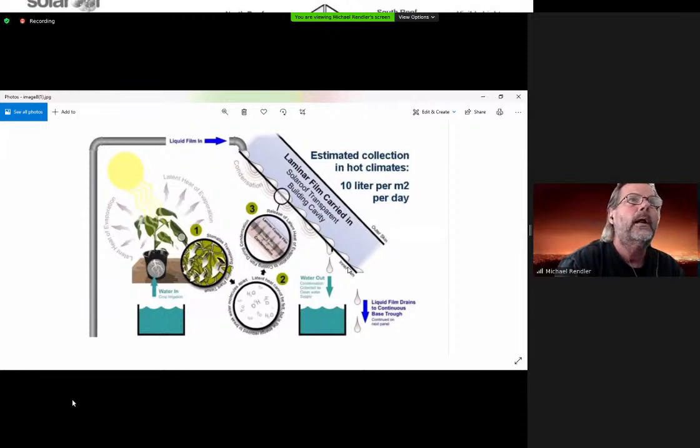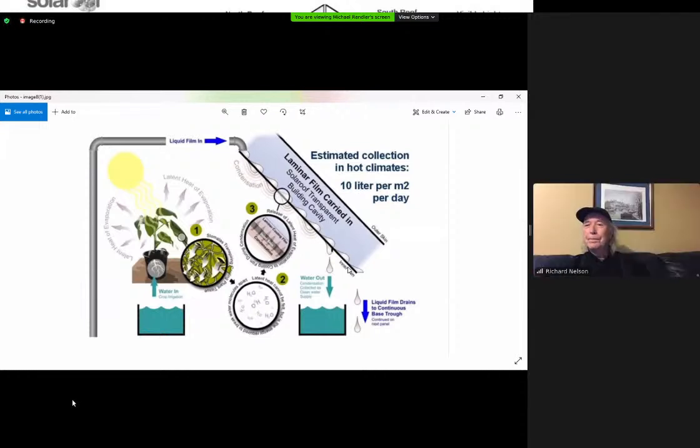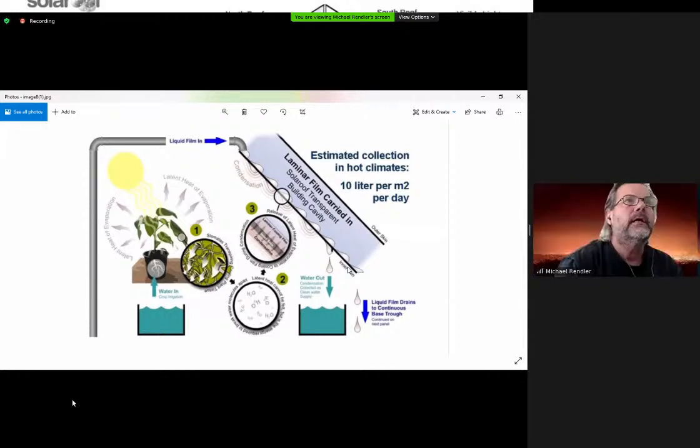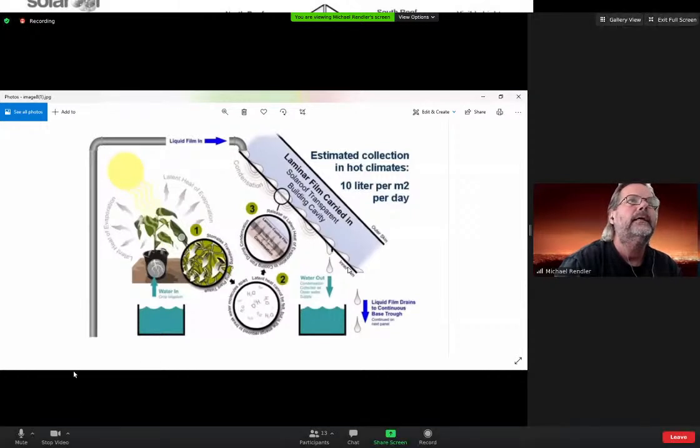So my question is, as the mechanism operates, that liquid is eventually going to get really hot, because the radiation from the sun on the outside is going to start to heat the air cavity.